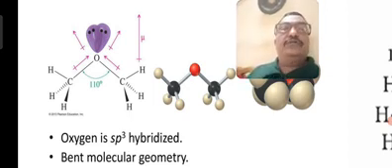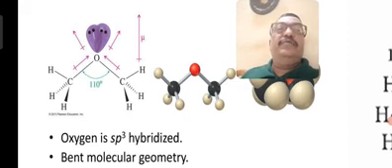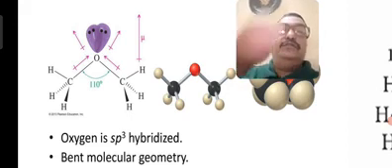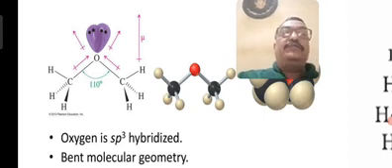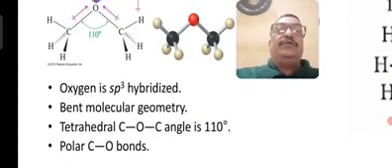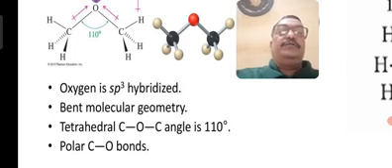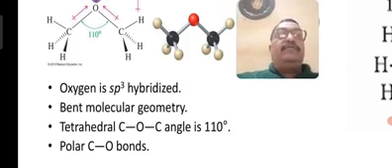The bond angle between carbon, oxygen and carbon is less than 120, almost 110. Here the two bulkier CH3 groups make the molecule experience certain pressure. Therefore the molecular geometry is bent, and the carbon oxygen carbon angle is about 110.